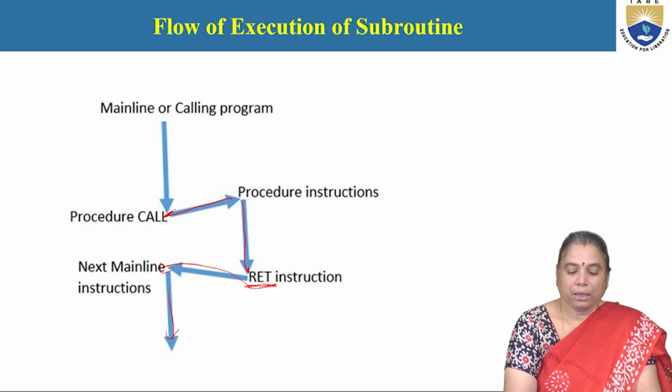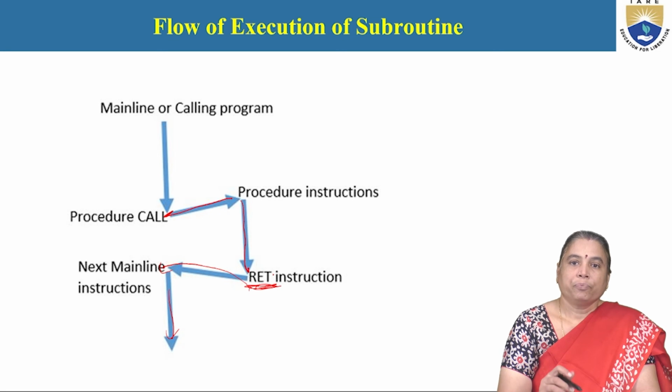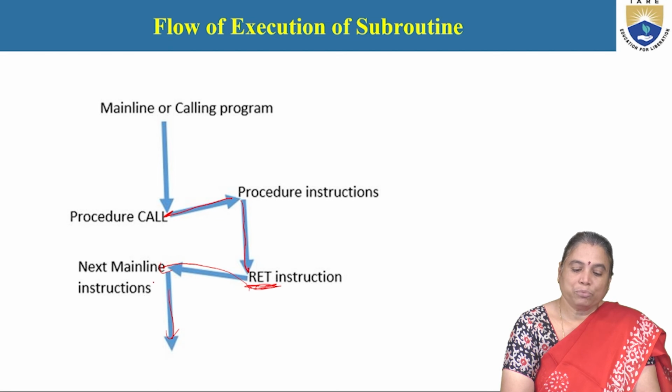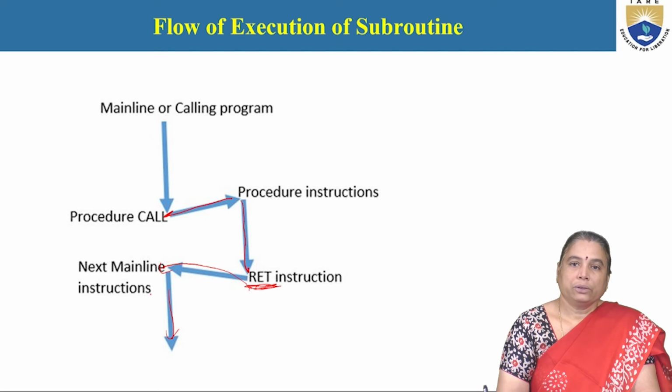Whenever a procedure call is encountered, the PC value is pushed to the stack, and whenever a return instruction is encountered, the value is popped from the stack in order to resume the main program execution.